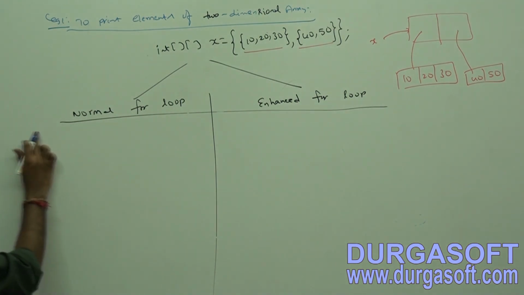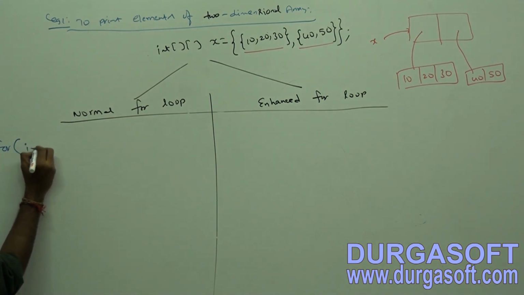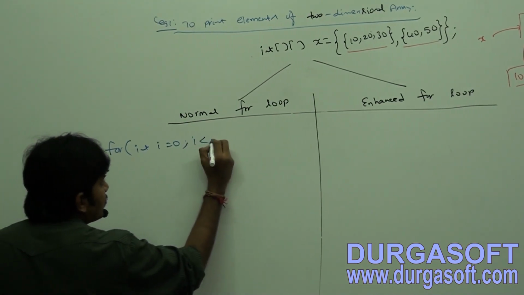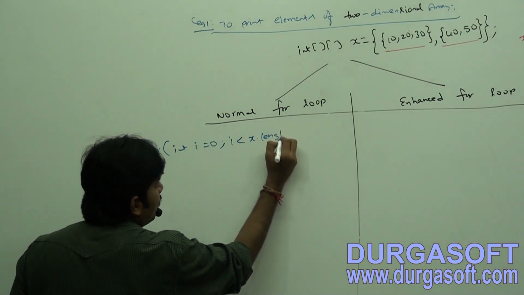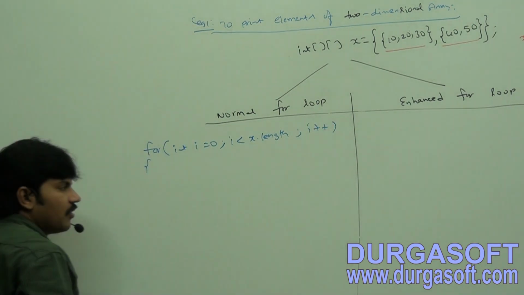Normal for loop: for int i = 0; i < x.length; i++. What next?